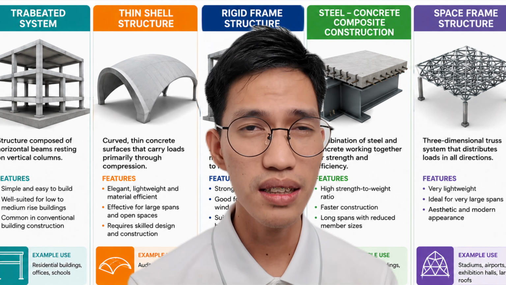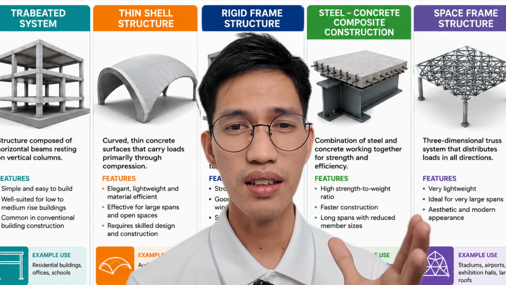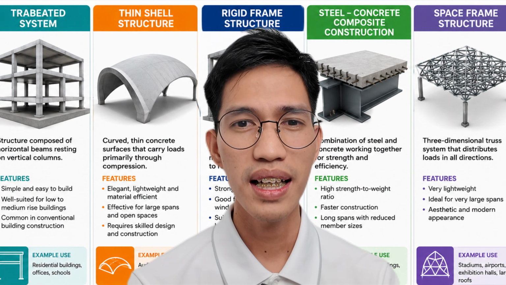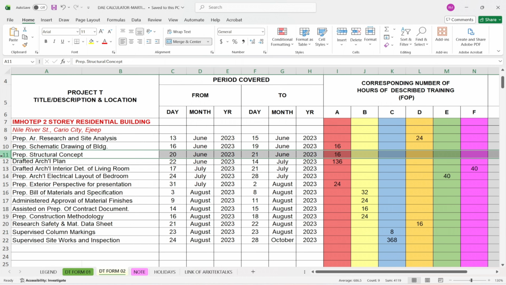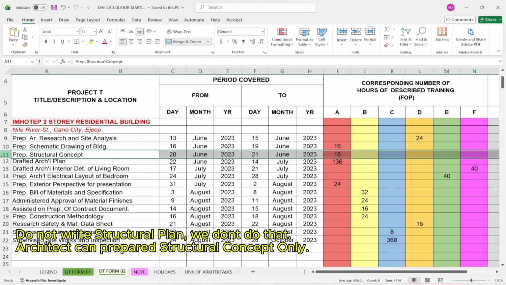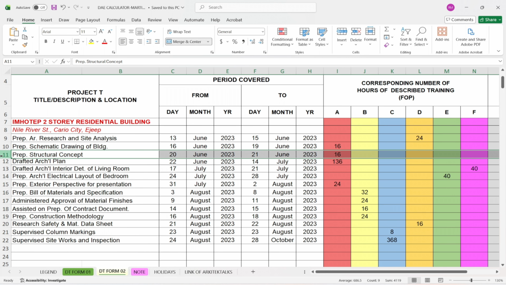Is it rabbited? Is it steel concrete? And so on and so forth. So dun pa lang, mas mabivisualize mo na kung ano yung design mo. We did not create a structural plan, but we can create structural concept almost for 2 days. So I provide here 16 hours.